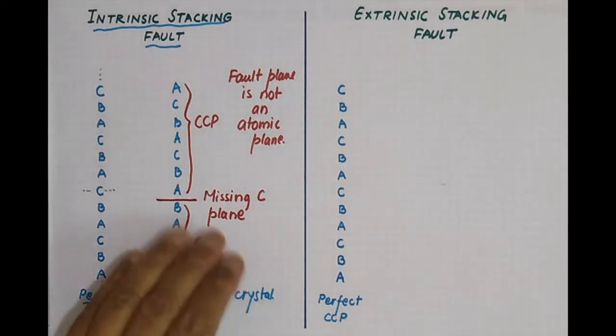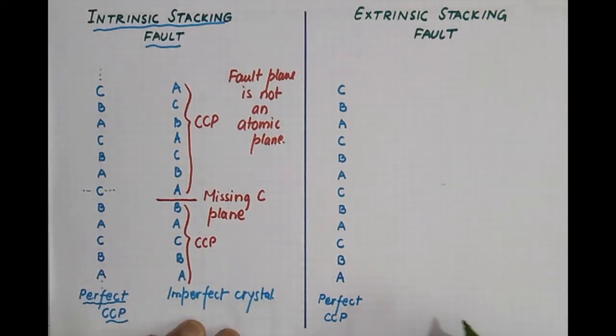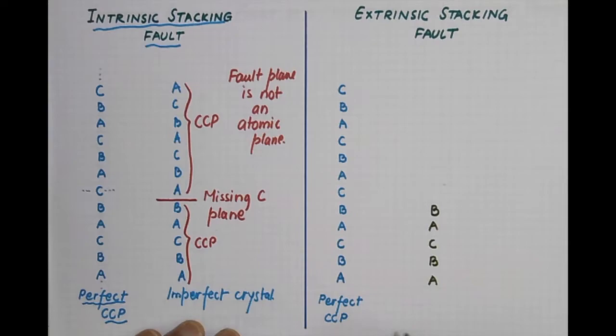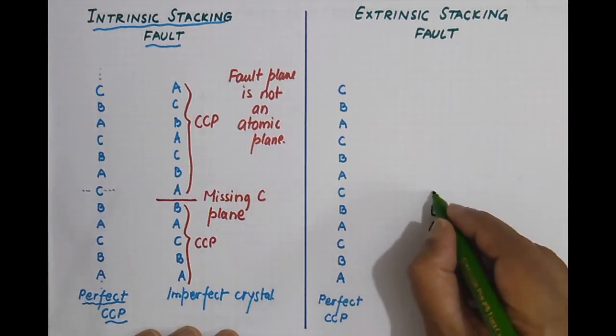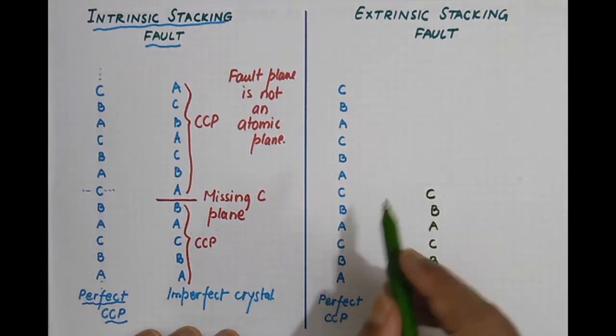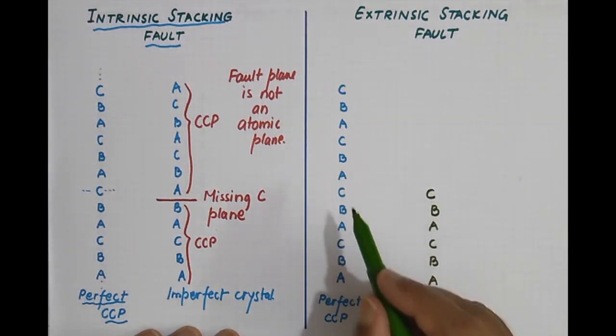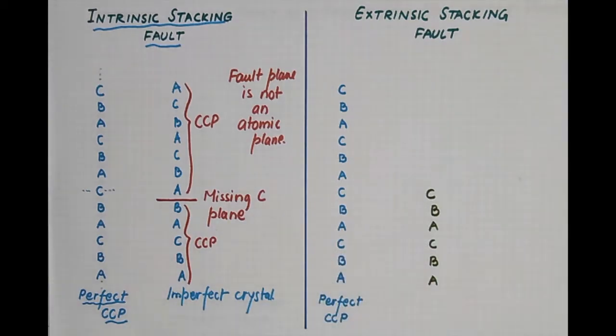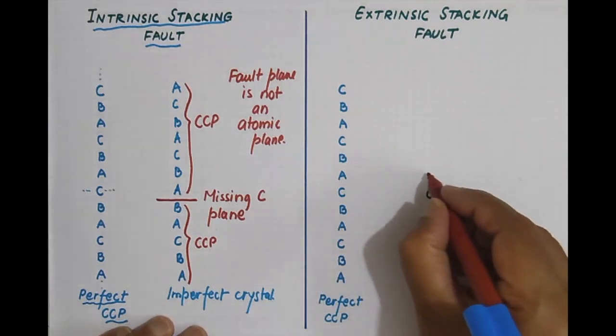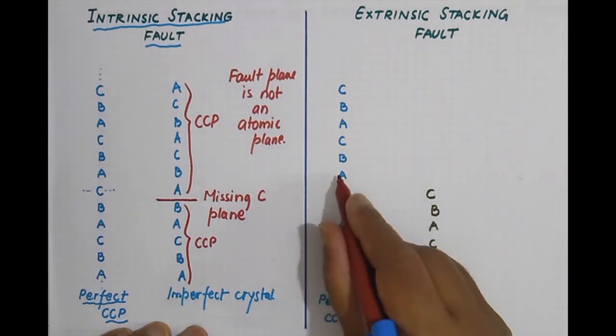So in intrinsic there was a plane missing. In the extrinsic we will create one extra plane. So ABC, ABC. Now after C, A plane comes, but let us insert a wrong plane.